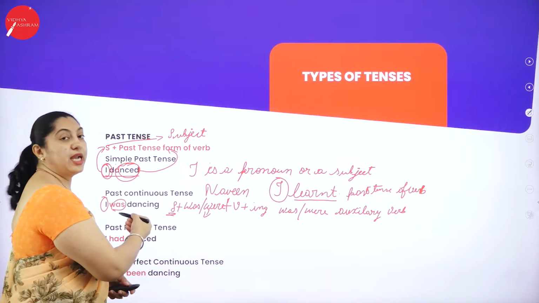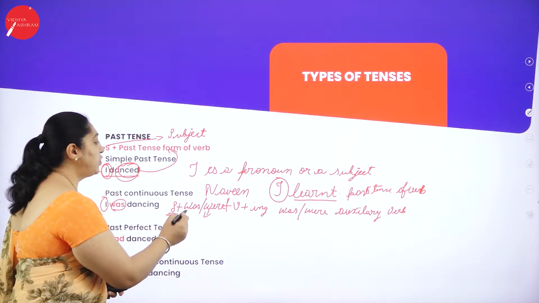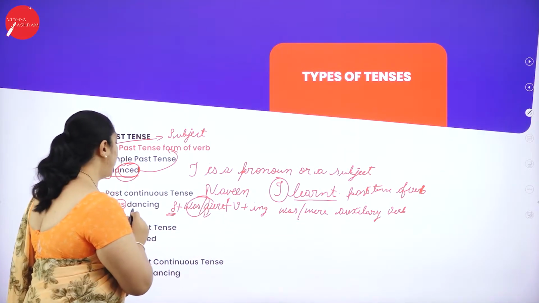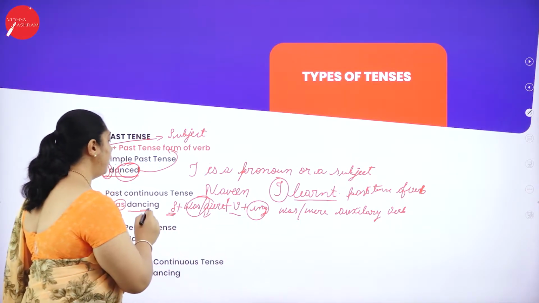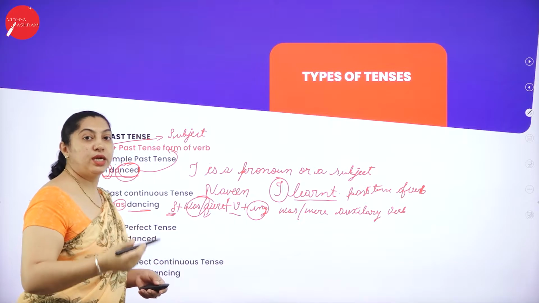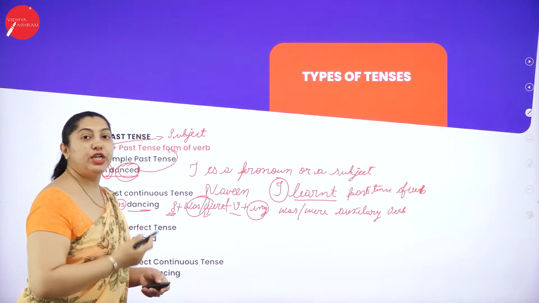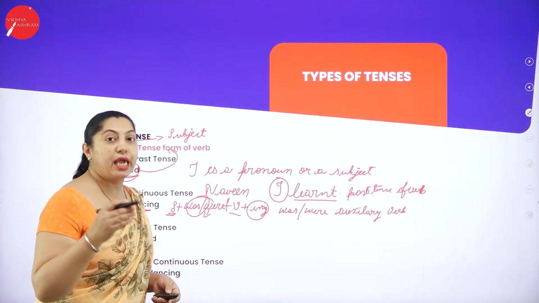Here I have taken the same sentence for each tense. Was will be the auxiliary verb here, and dance is the verb in the ing form. So, I was dancing. The past continuous tense is also known as progressive tense. Keep it in mind.